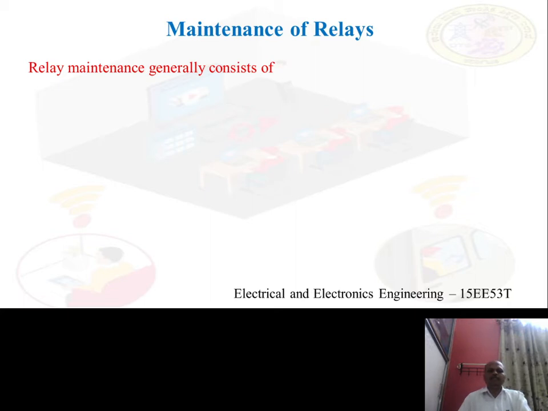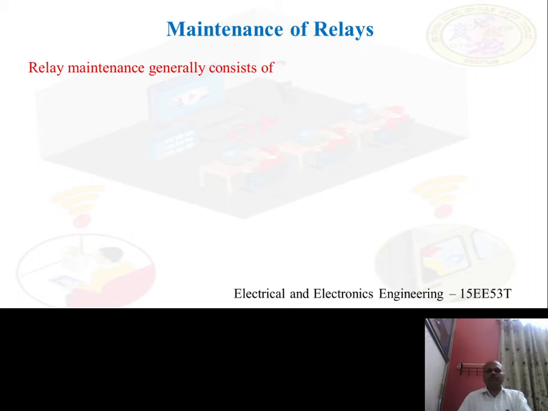adverse conditions such as continuous vibration can damage pivots or bearings. Dampness causes weakness of insulation. The insulation strength is reduced because of absorption of moisture.